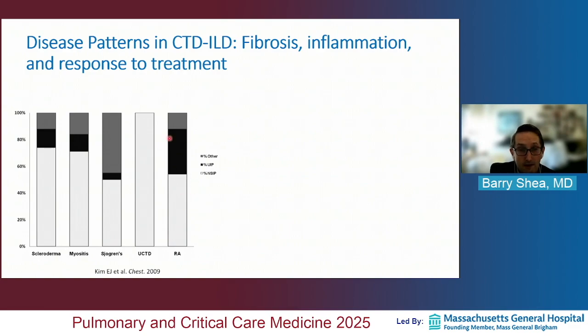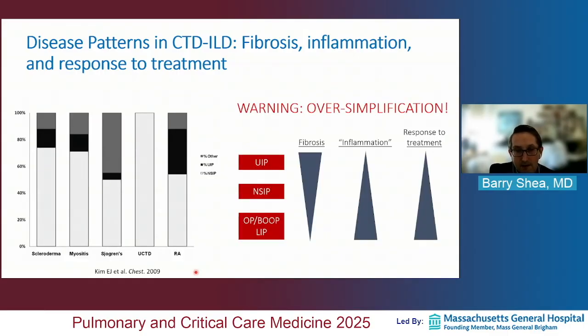But UIP is not uncommon, particularly in rheumatoid arthritis, and other patterns can be seen as well, such as organizing pneumonia or LIP. It's a bit of an oversimplification, but it generally holds true: if we think of UIP as the most fibrotic of these different entities and the least inflammatory, and organizing pneumonia or LIP being more inflammatory and less fibrotic, the response to treatment tends to correlate with the inflammatory response and not the fibrotic response.